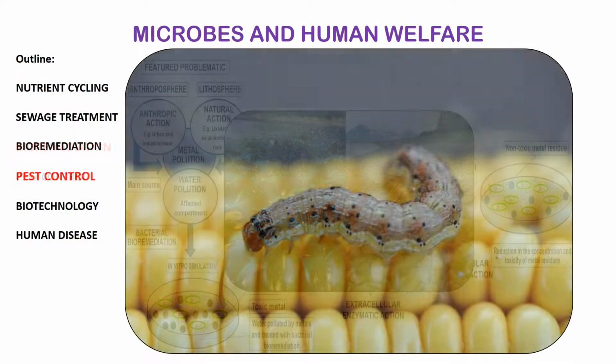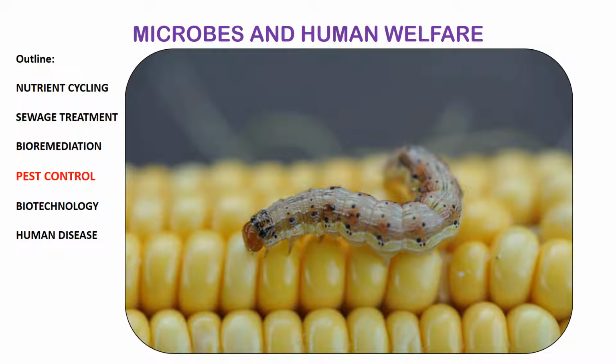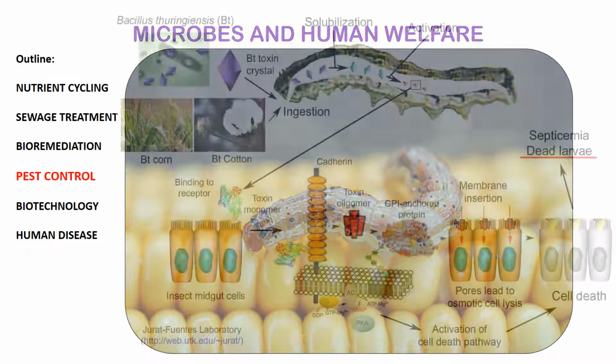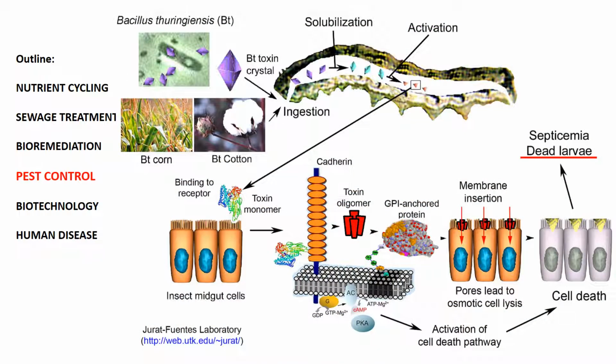Pest control. The bacterium Bacillus thuringiensis has been used extensively in the US to control pests. It's usually in a powder form. It's applied to crops, so that when insects eat this, they die, because the bacteria produce protein crystals that are toxic to the digestive system of these insects.